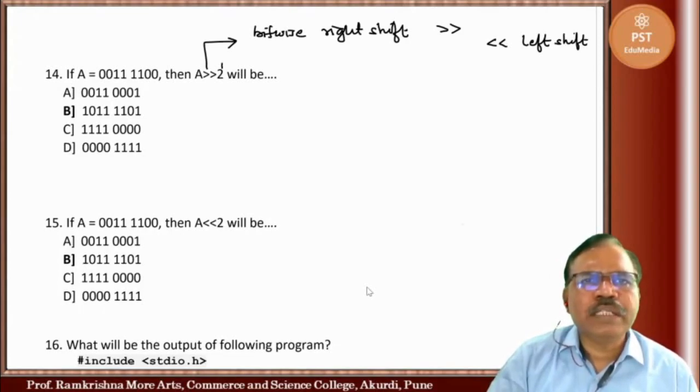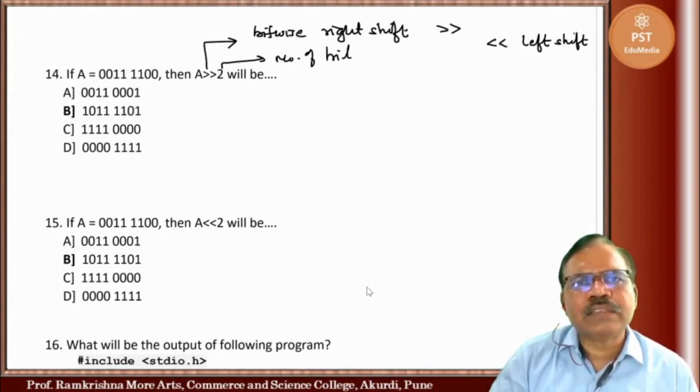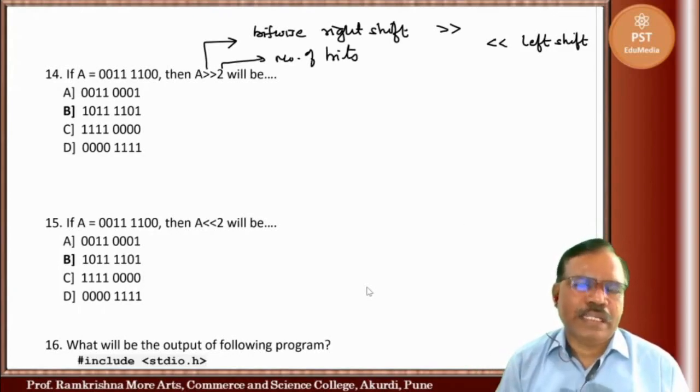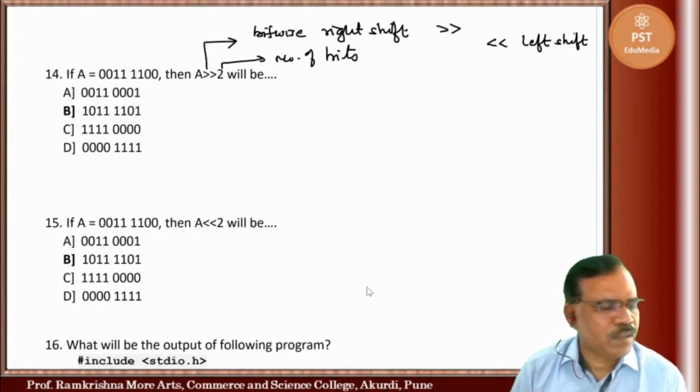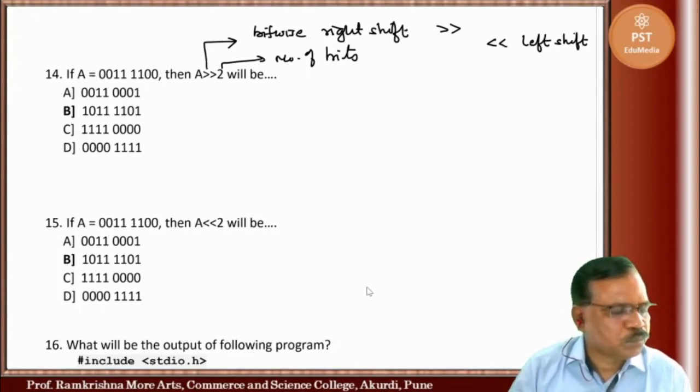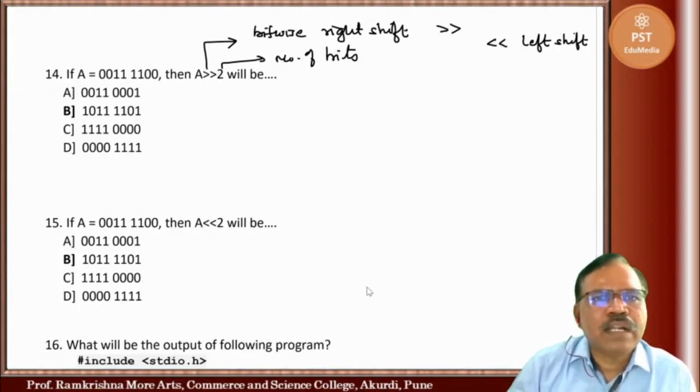Now here 2 means the number of bits to be shifted on right. Now what happens here? Our number is an 8-bit number, so I will write the number in terms of bits.